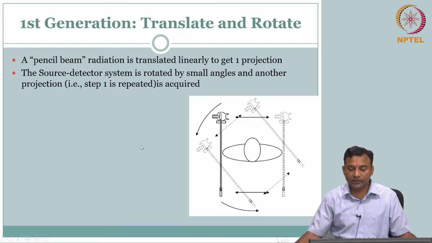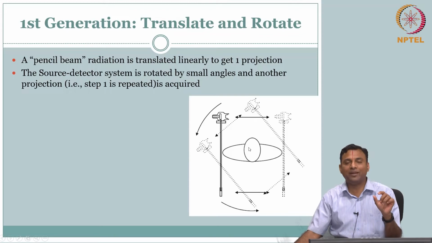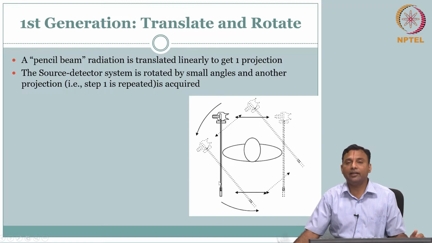What is the advantage? The advantage is, you can probably see, brute force, you know this physics: if I send here and receive here, I know the attenuation is only along this line path. If I translate this, depending on my step size and view step size, I will go through smaller locations, and I will still get data.